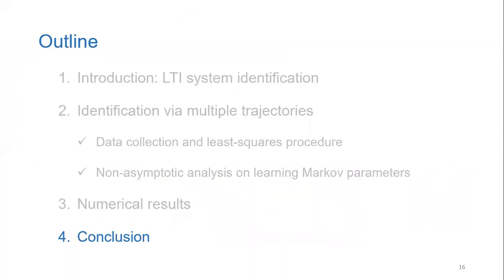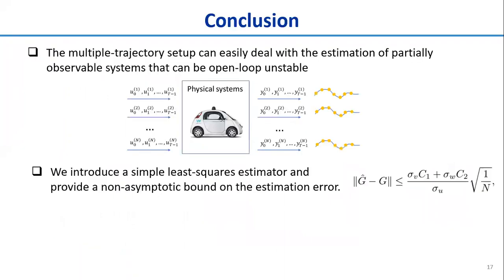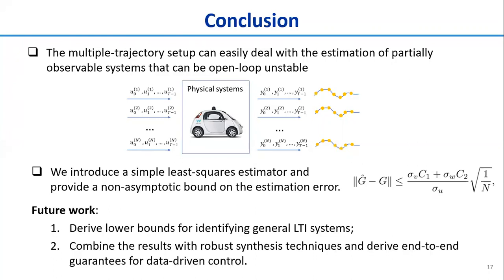I'm now ready to conclude my talk. So the main message of this talk is that we show the multiple trajectory setup can easily deal with the estimation of partially observable systems that can be open-loop unstable. And in particular, we introduce a simple least squares estimator and provide a non-asymptotic bound on the estimation error.